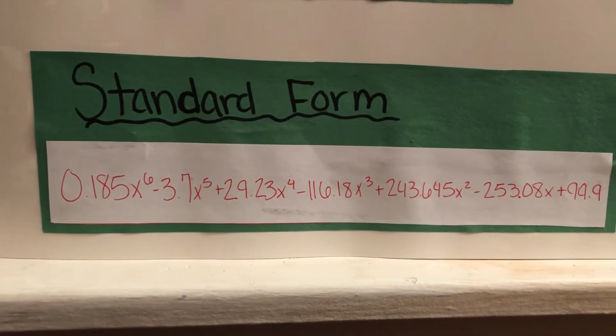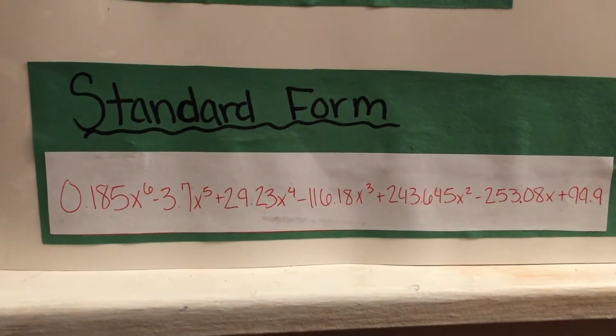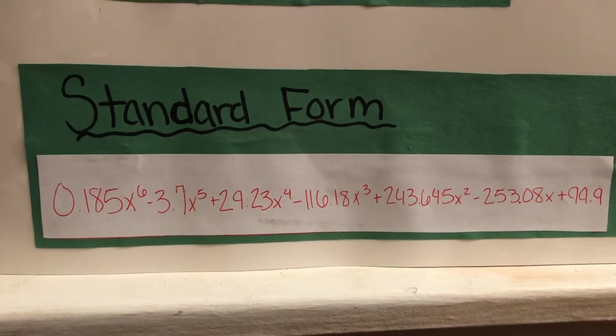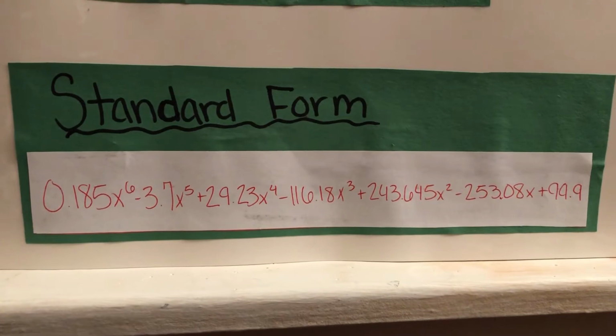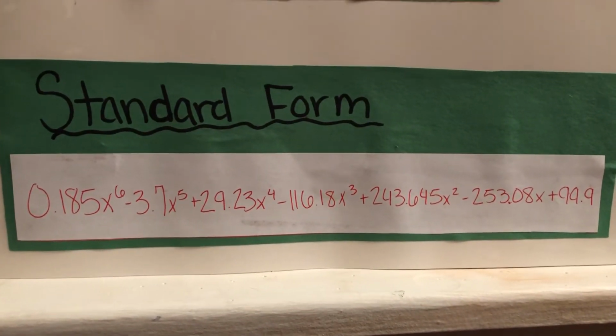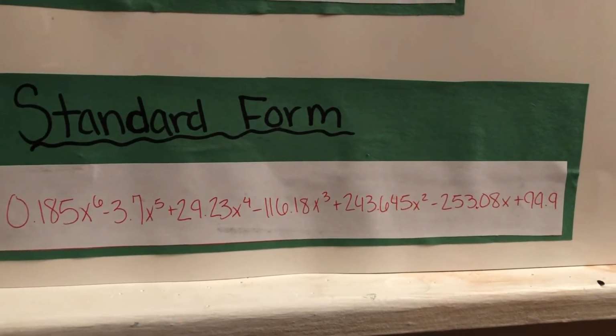0.185x to the 6th power minus 3.7x to the 5th power plus 29.23x to the 4th power minus 116.18x to the 3rd power plus 243.645x to the 2nd power minus 253.08x plus 99.9.